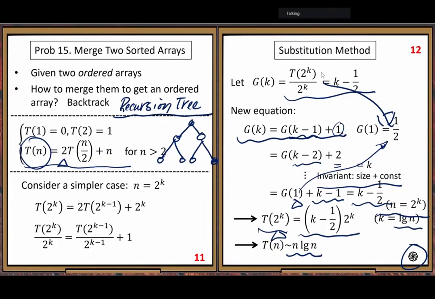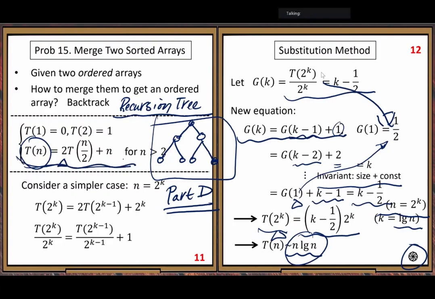For the general cost, we can estimate the final formula, still n log n, easily. But because in our module 4, part D, the last part of module 4, we will do efficiency analysis with similar recurrence relations like this.